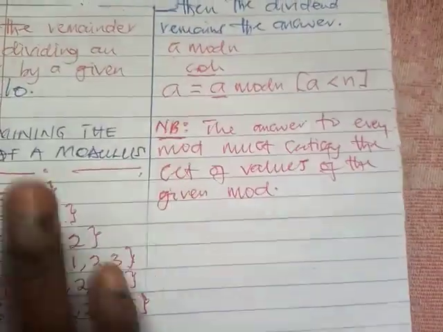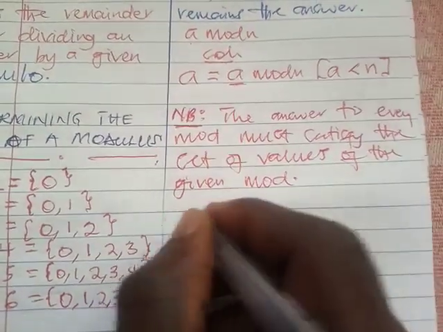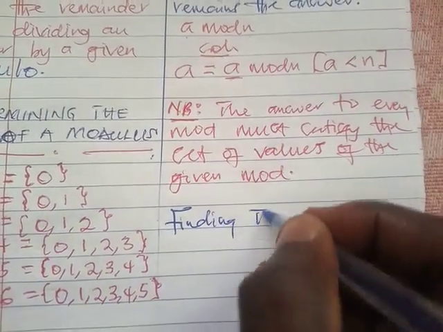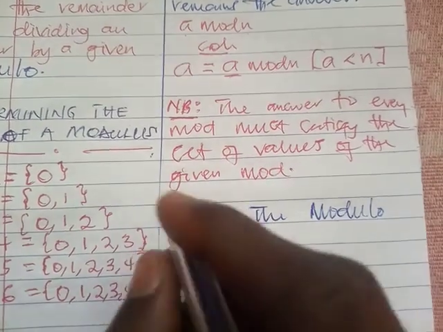So let's start with a few examples, finding the modulo of a given number.